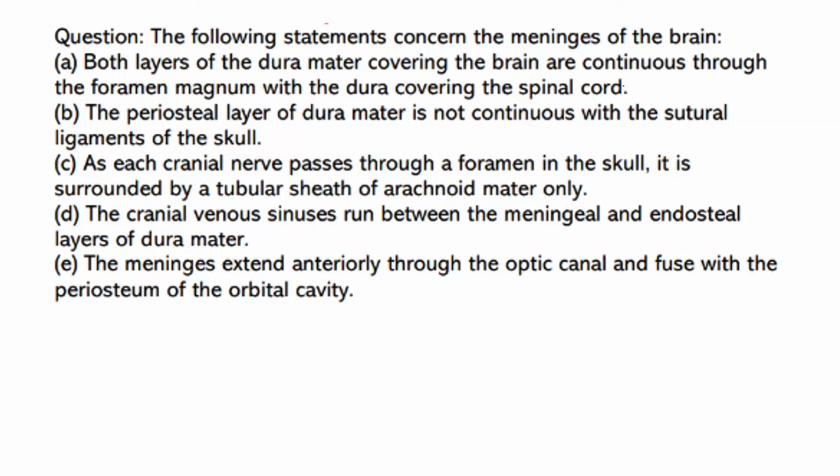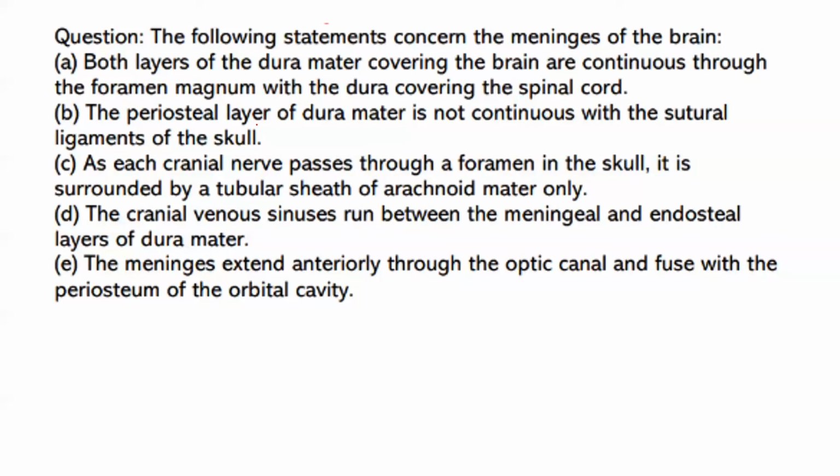Both layers of the dura mater covering the brain are continuous through the foramen magnum, with the dura covering the spinal cord. This is wrong because only the meningeal layer of the dura is continuous. The periosteal layer is continuous with the periosteum outside of the skull, okay, not the spinal cord.